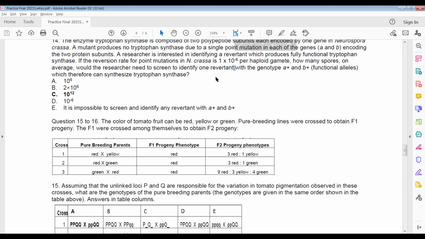So that means you have to calculate 1 over the probability. That gives you this many spores, the progeny.